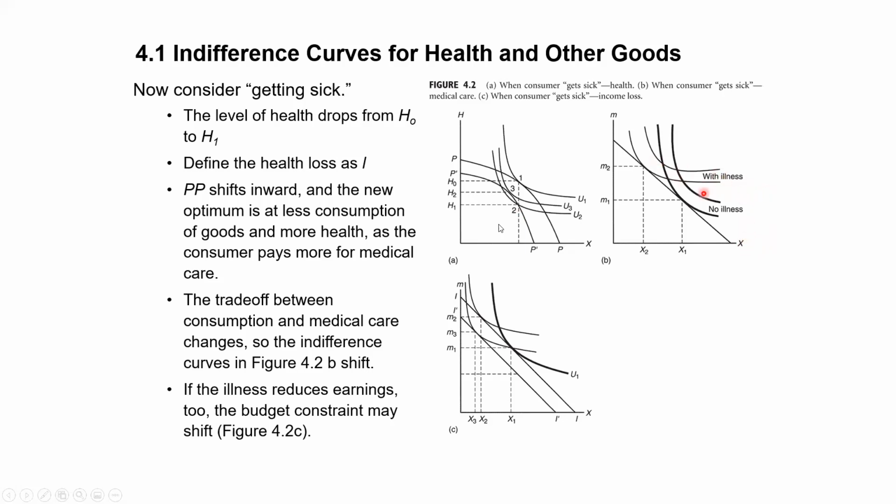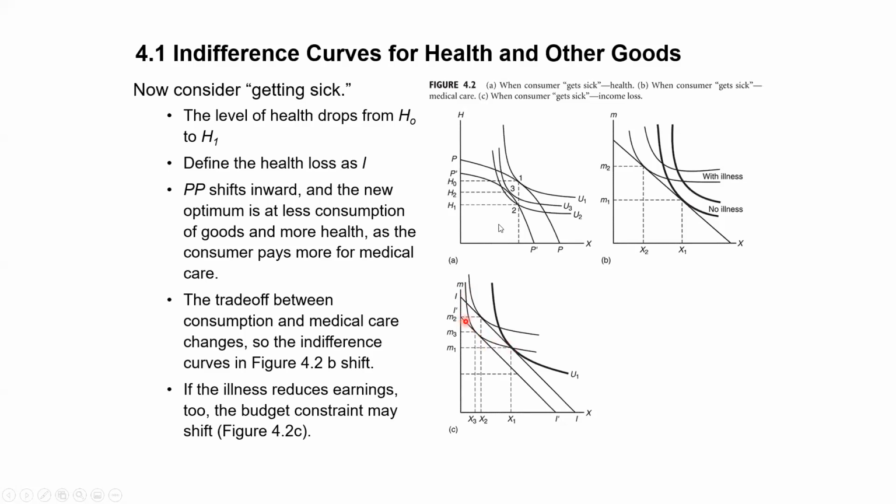With illness you shift towards more health. So more consumption of medical care, less consumption of the other goods, X goods. So the indifference curve will shift inwards to the left. If the illness, on the other hand, reduces earnings because of the sickness, the budget constraint may also shift, and this shifting will also be reflected here.